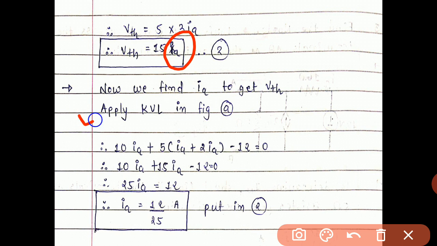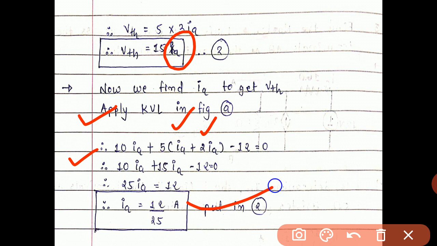Now we find IA to get VTH. Apply KVL in figure A. So simply 10 into IA plus 5 times (IA plus 2IA), because at that junction these two currents meet, minus 12 equals 0, because the voltage source is in the charging mode. By simplification we get 25 IA equals 12, so IA equals 12 by 25 ampere.